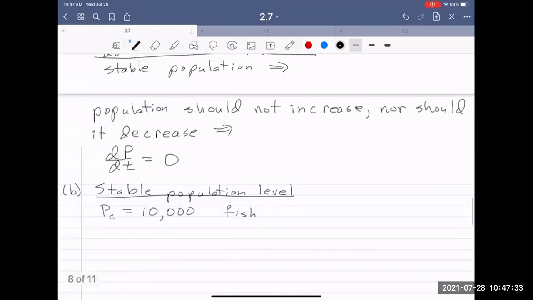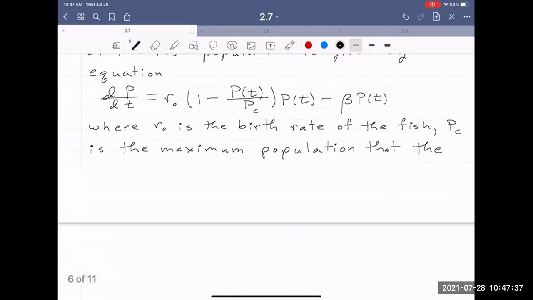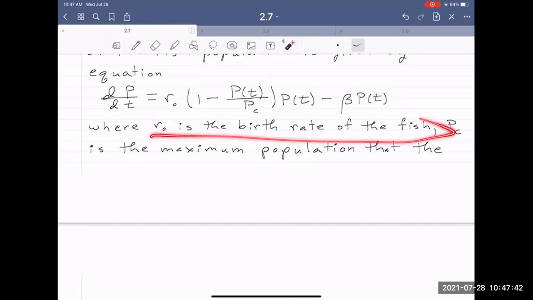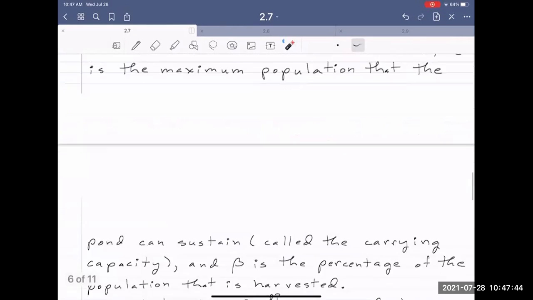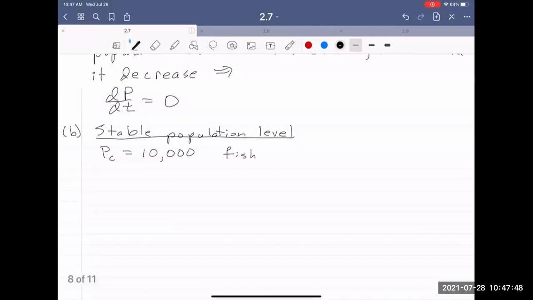Next, I'm given that my birth rate is 5% per year. So 0.05 per year.